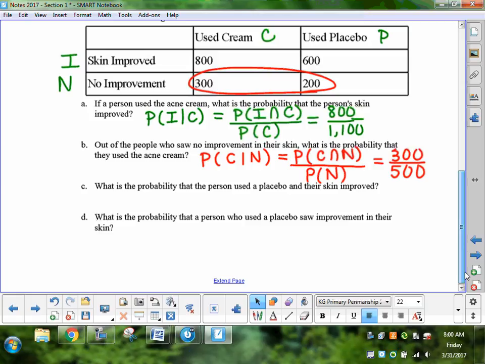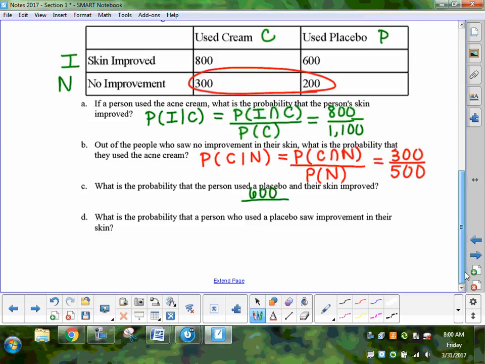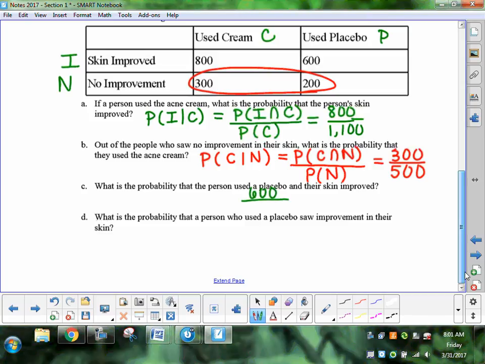How many people used the placebo and had their skin improved? 600 over. How many total are we looking at? Not 1,400.